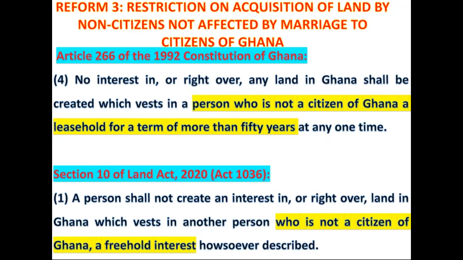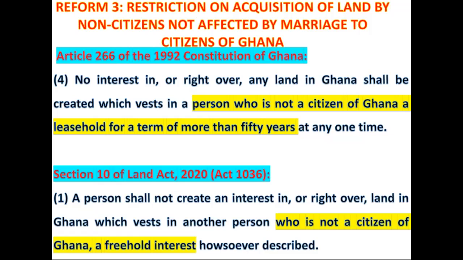And then other provisions of the Constitution also mention that there is a prohibition on the creation of freehold interest to non-citizens. In fact, Section 10 of the Land Act of 2020, Act 1036, says that a person shall not create an interest in or right over land in Ghana which vests in another person who is not a citizen of Ghana a freehold interest howsoever described.